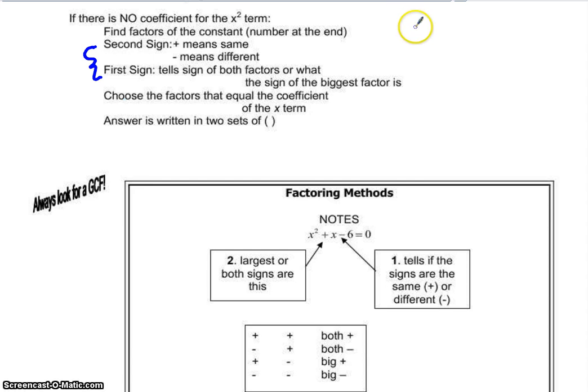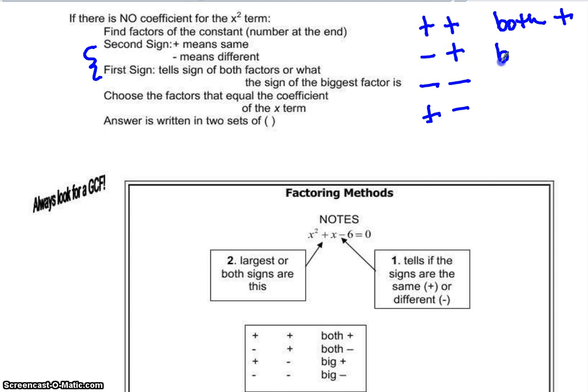So the possible ways that you could have your signs is you could have a plus plus, you could have a minus plus, you could have a minus minus, you could have a plus minus. This is your second sign. Remember, if it's a plus, they're going to be the same. Okay? So plus plus means that both factors are positive.